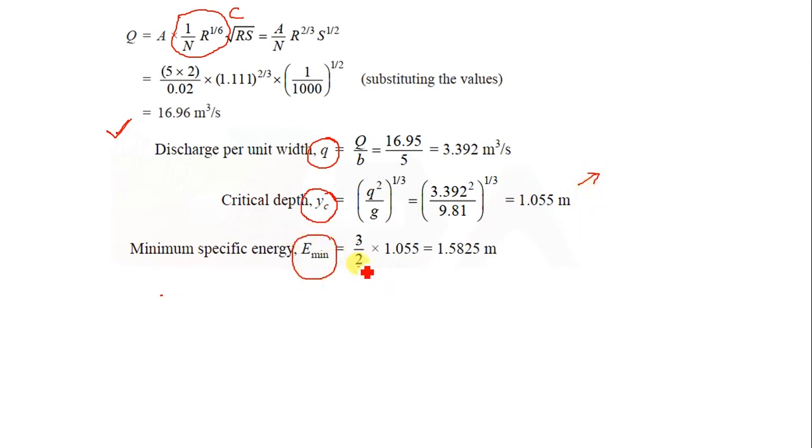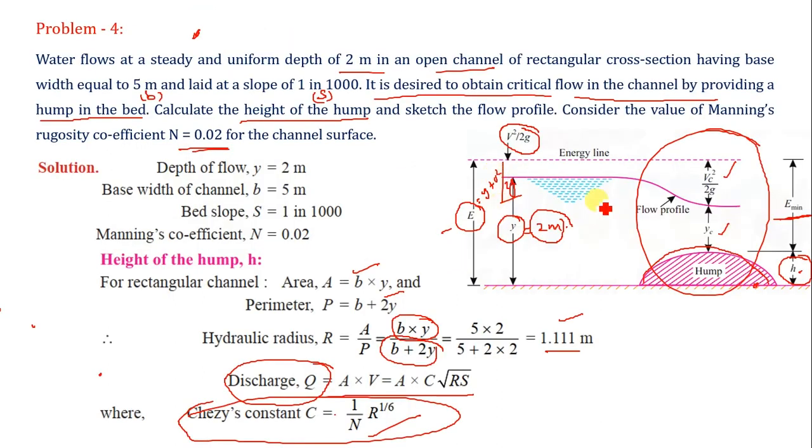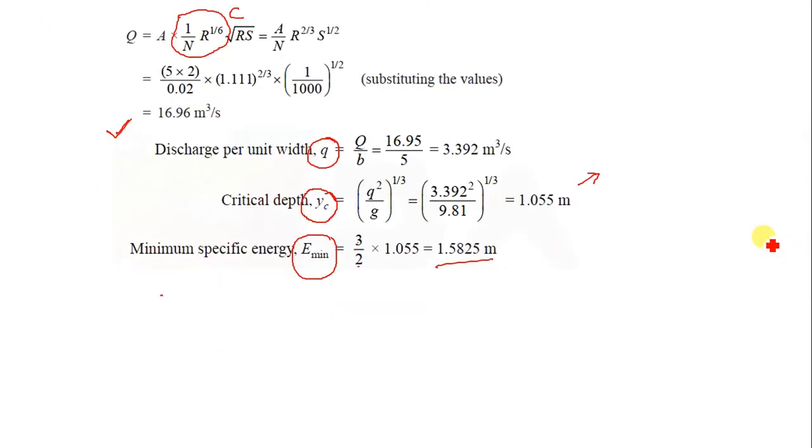E minimum is equal to 3 by 2 into 1.055. So what is the E minimum? 1.5825. So at this critical case, at the hump I have placed, what is the specific energy of the fluid? That is E minimum, and E minimum equals 1.5825.